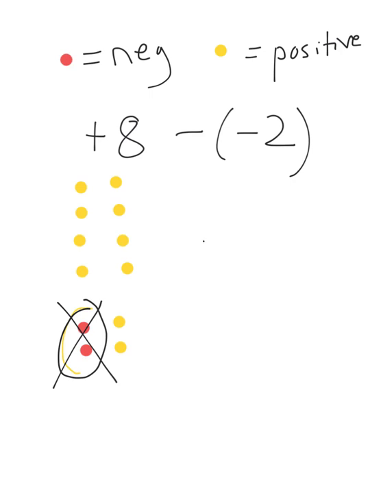So my answer is positive 10. Again, this idea of I had $8, I took away a debt of owing $2, so I gained $2 more. I end up with positive $10.